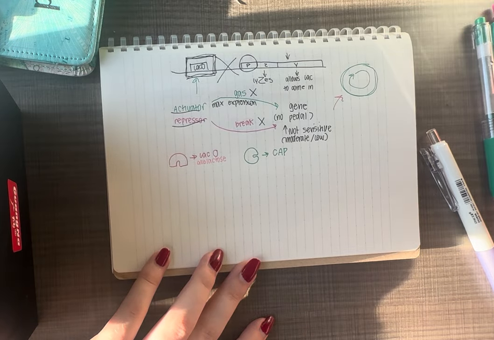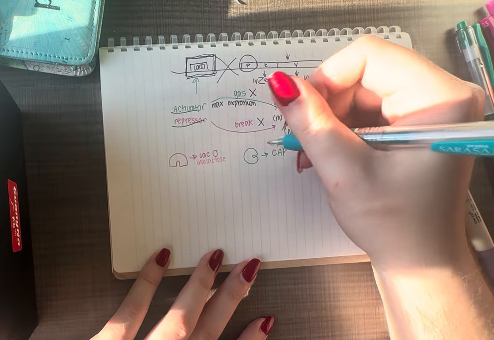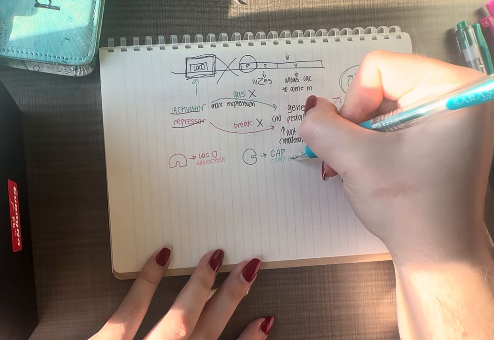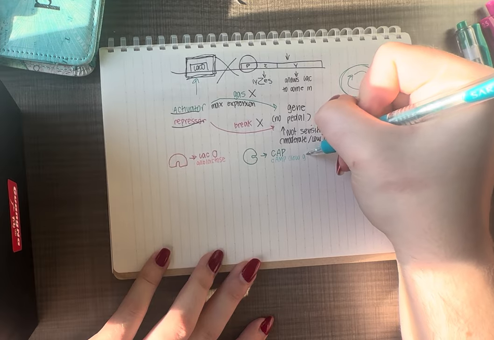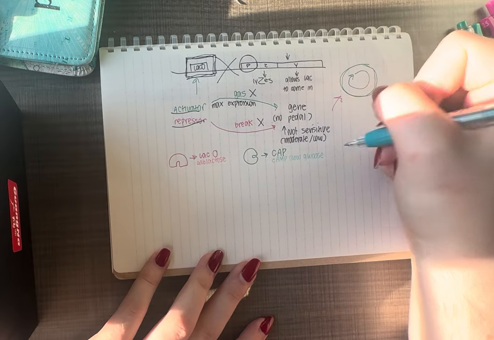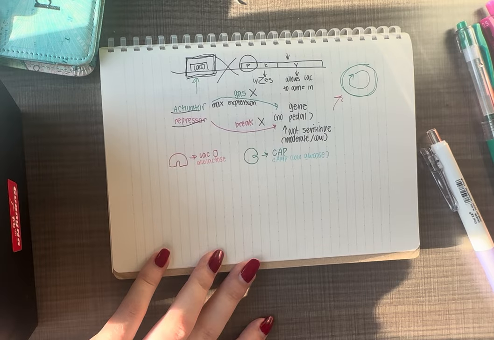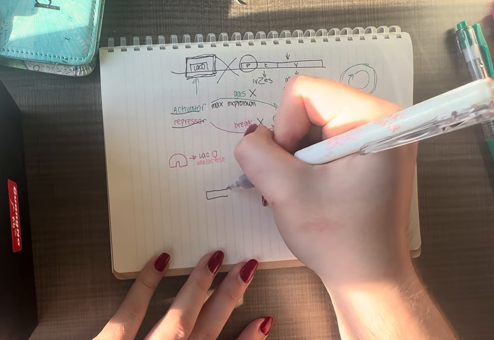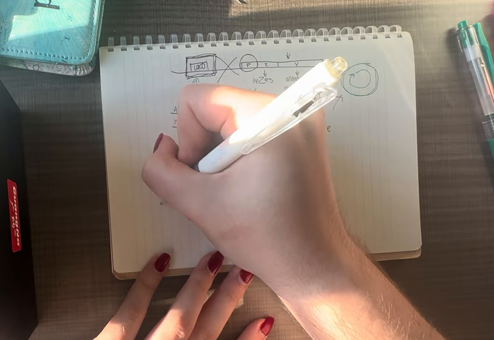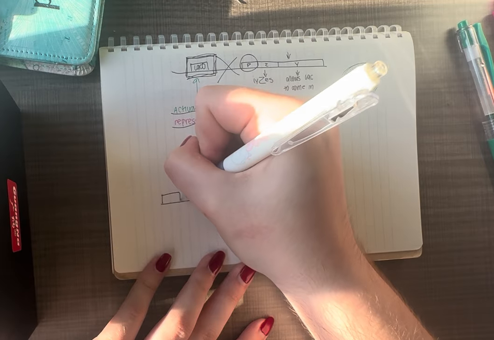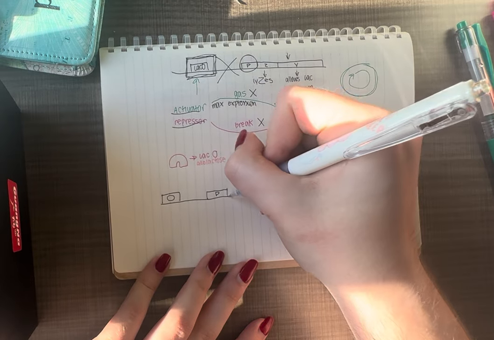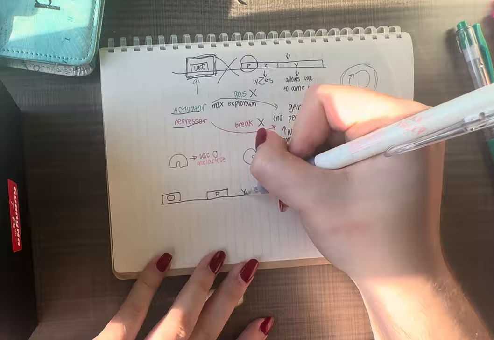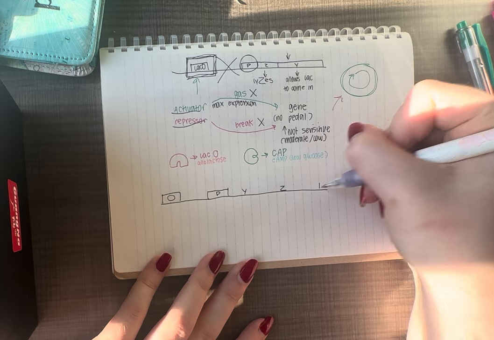And the inducer for CAP is cyclic AMP, which we get in low glucose. Back to the gene again. We have the promoter over here, LAC-O, and then our genes, Y, Z, and I.